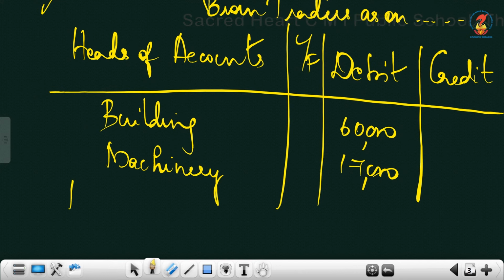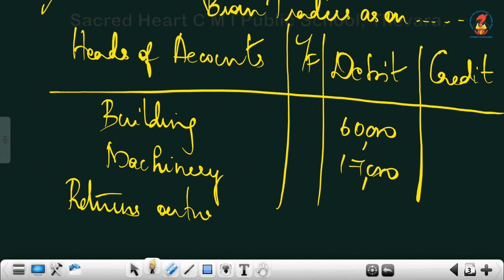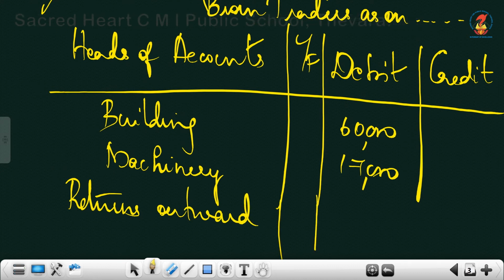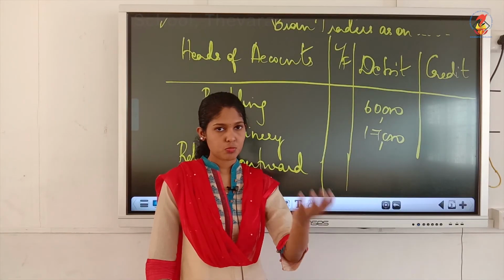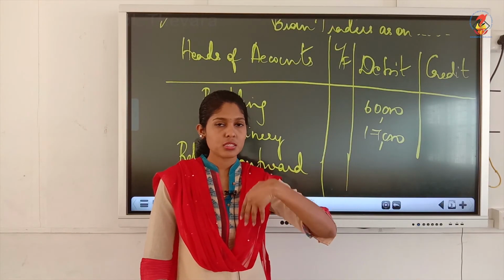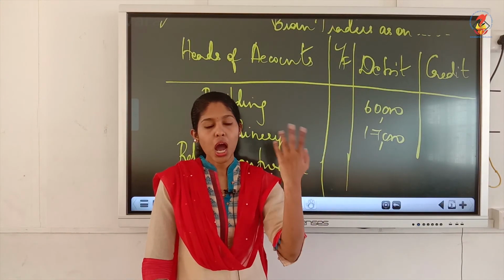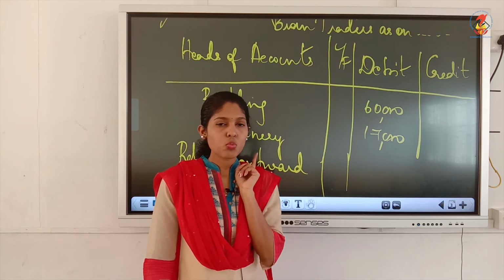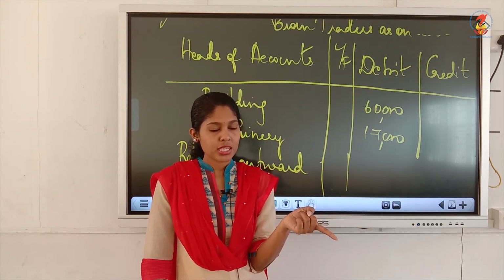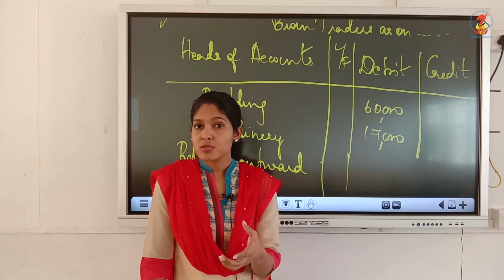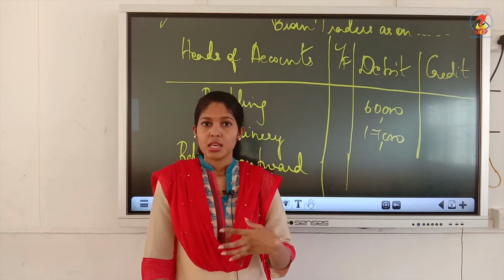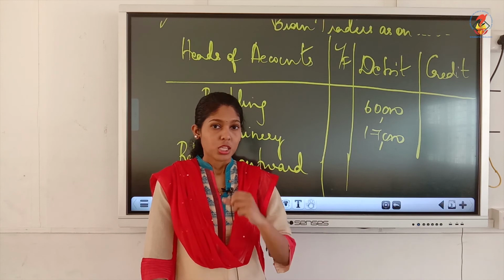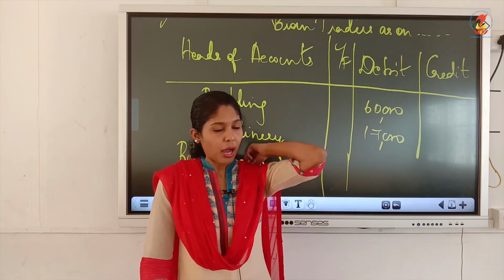Then returns outward, which we did not discuss before. Returns outward is the other name for purchases returns. Purchased and returned means it is going out, so it is returned outwards. Purchases, we know, will always have a debit balance. Why do purchases have a debit balance? Because purchases means your amount is moving out, you are paying the amount.